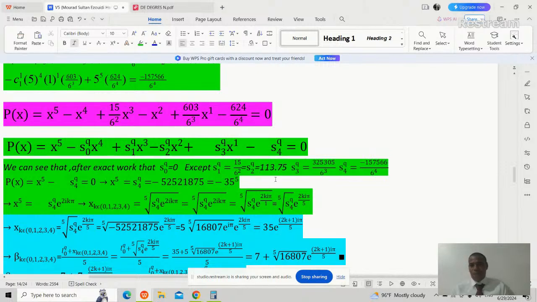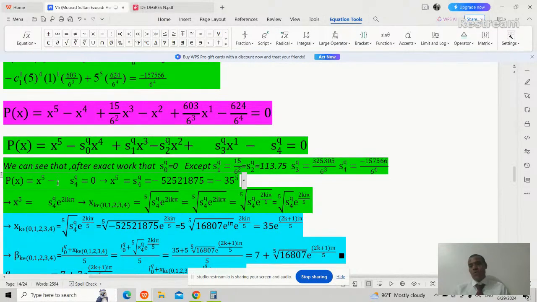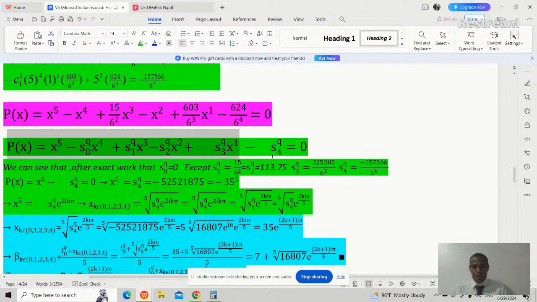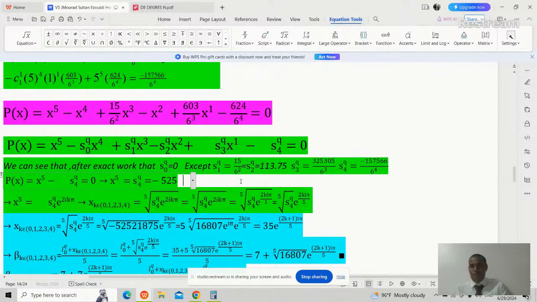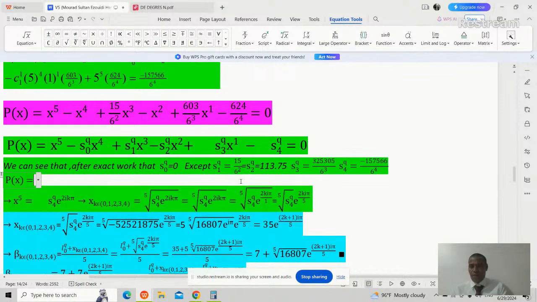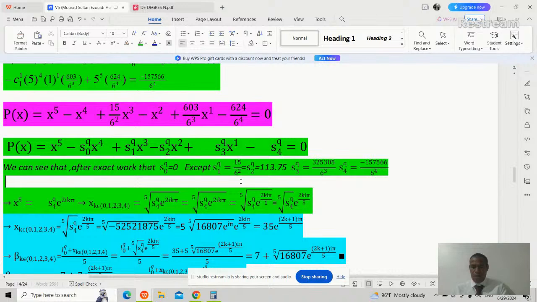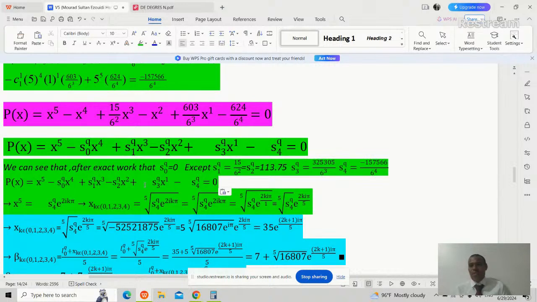Therefore, now learners, I will write my new polynomial, which is that. I will just copy this again, then erase this. No need for this, it is for another polynomial to the power 5. So S0 is 0, and 0 times x^4 I don't need to write.